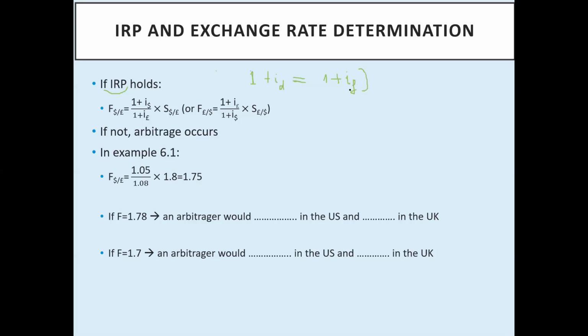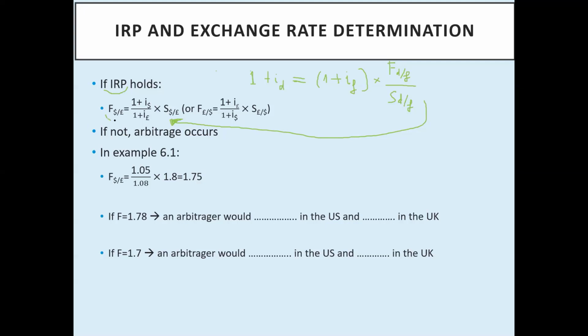On the right-hand side, I've got the interest rate for the foreign country times the forward rate of domestic over foreign divided by the spot rate, domestic divided by foreign, okay? So here, if I want to rearrange the equation so that it's expressed in terms of the forward rate, I will get this one over here, okay?